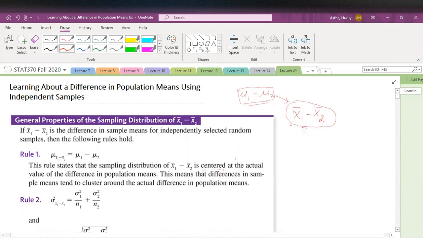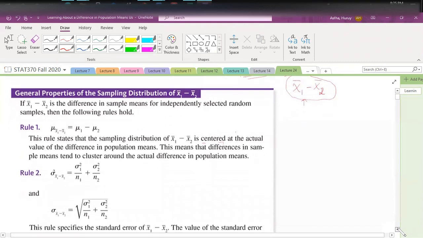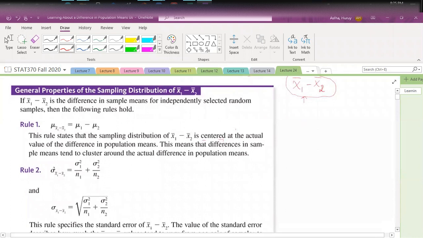Let me go a bit up. So here, this is the statistic.